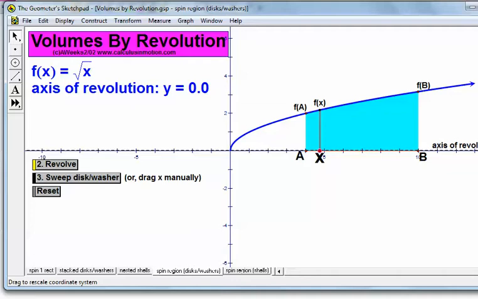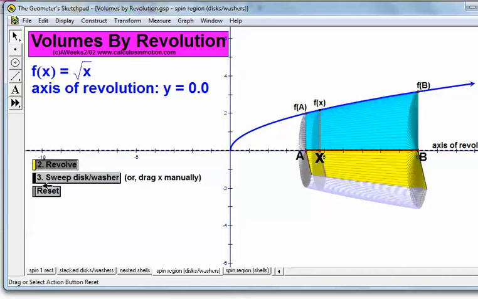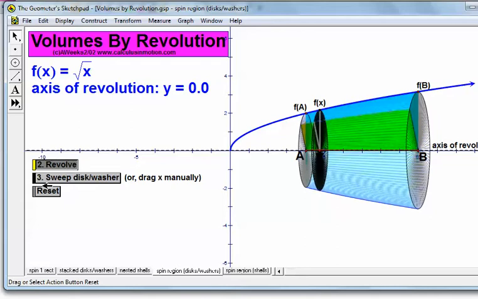So here we've got exactly this same graph of square root of x and our region going from a at 4 to b at 10. And let's put this animation in motion and see what happens if it turns out to be what you expected it to be.